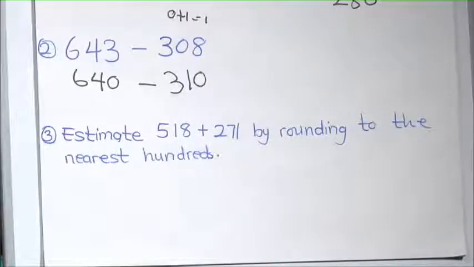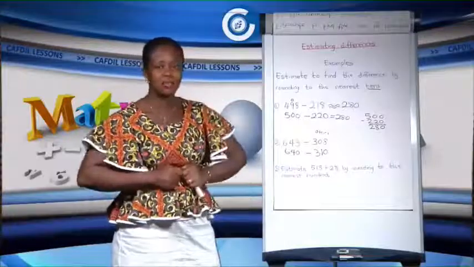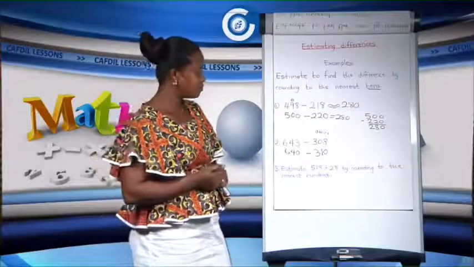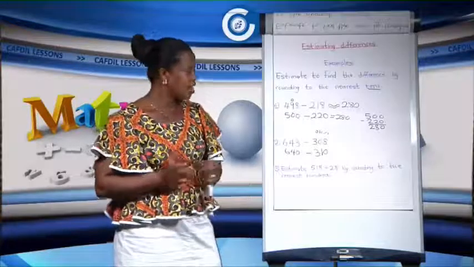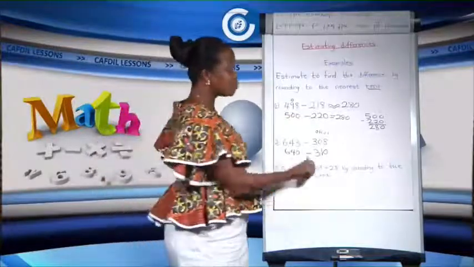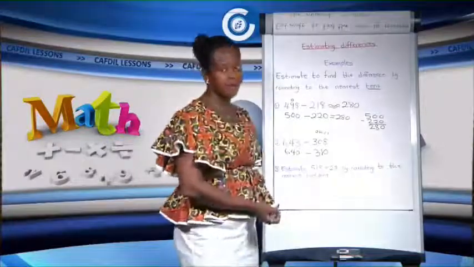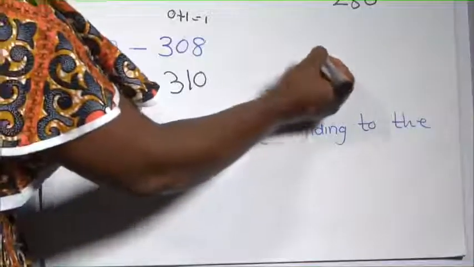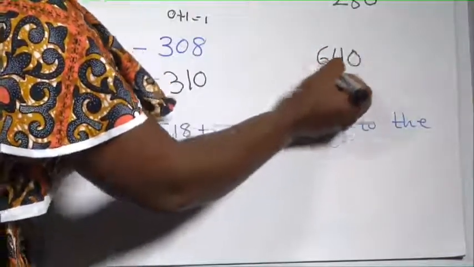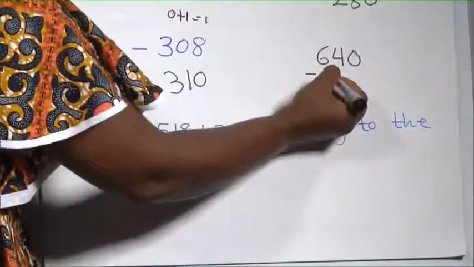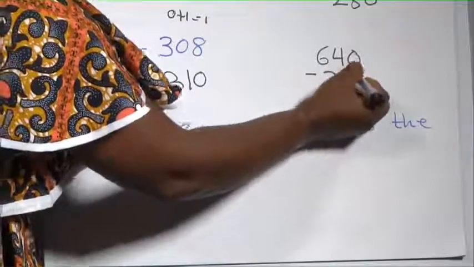Good. Now we have to subtract. We have to find the difference. For you not to get confused, let's arrange it as we did for the first one. So we have 640 minus 310.